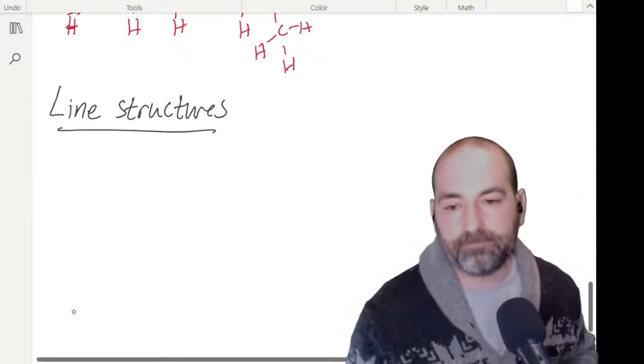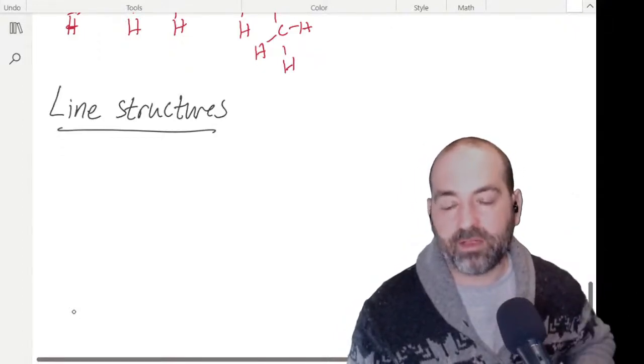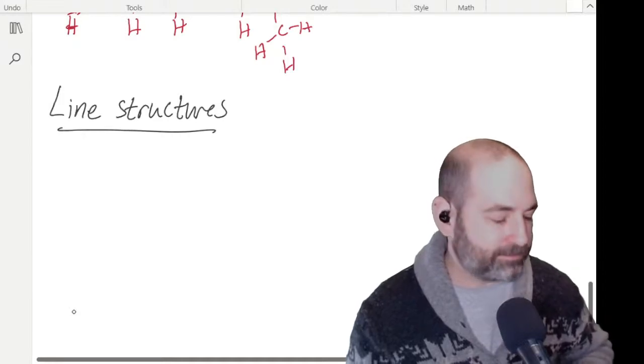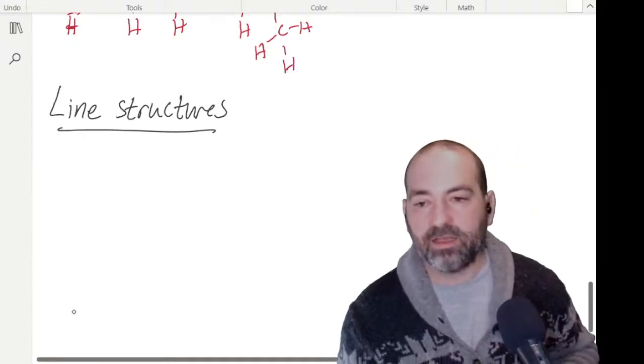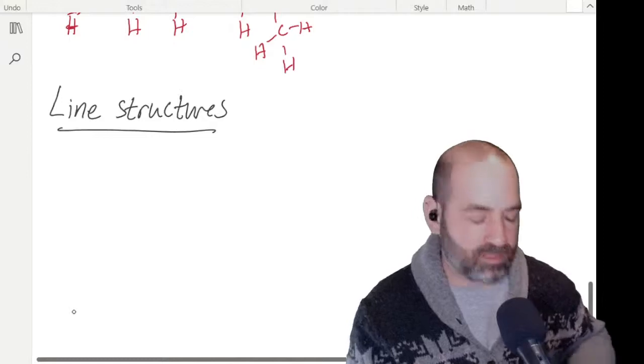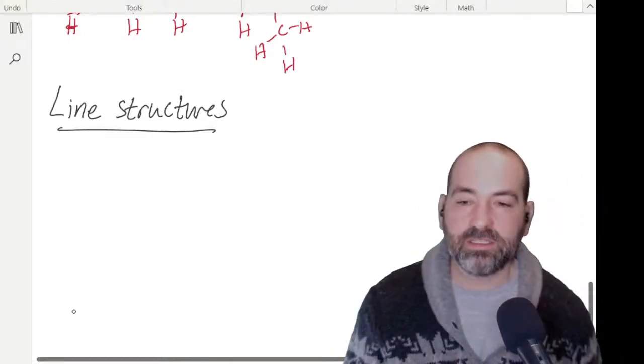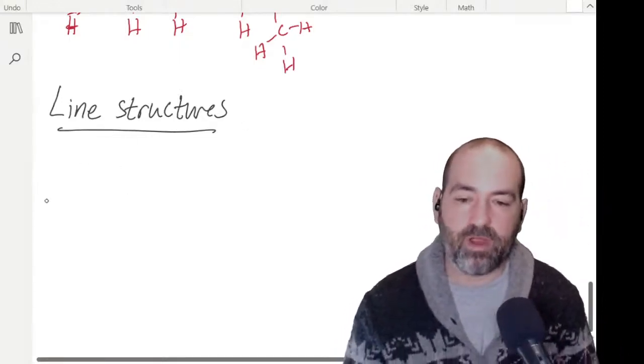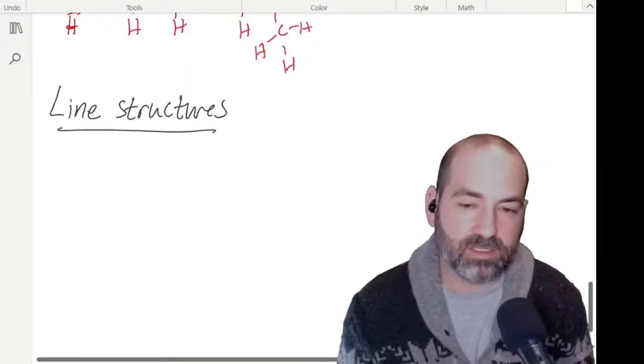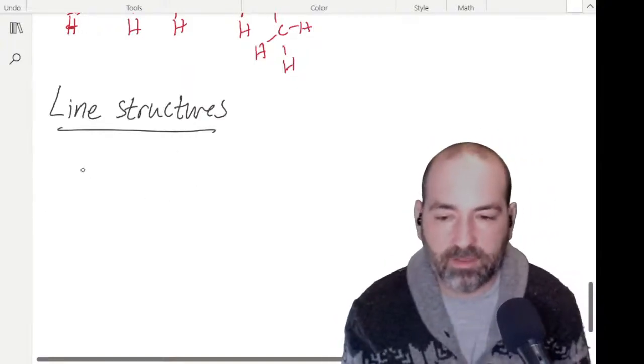When you look at structures of molecules, whether it's in a textbook or on information about medications or things like that, they're almost always drawn as line structures. And so this is a really crucial part of our communication for the semester because this is how we're going to draw most of our molecules.